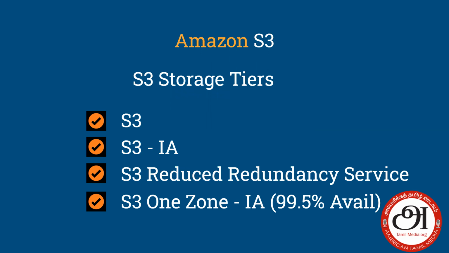So let's see what all the storage tiers are. Regular S3 is there, and then S3 IA. IA stands for infrequently accessed. You don't need to access those files often, but you want the file to be highly durable. You will access maybe once a day or once a week, once a month, so you are categorizing it as infrequently accessed.